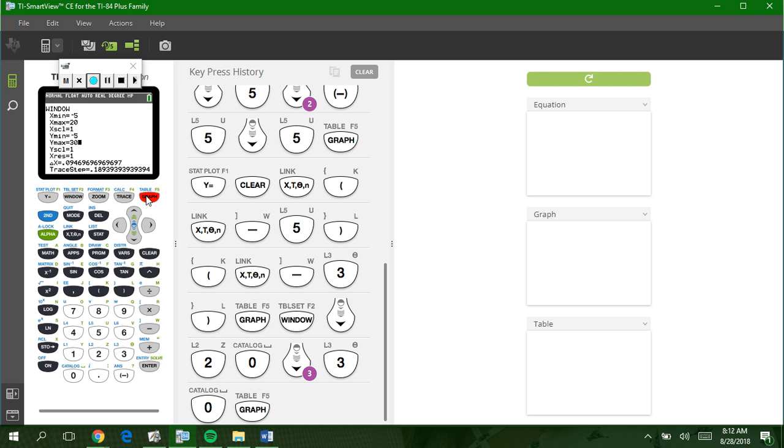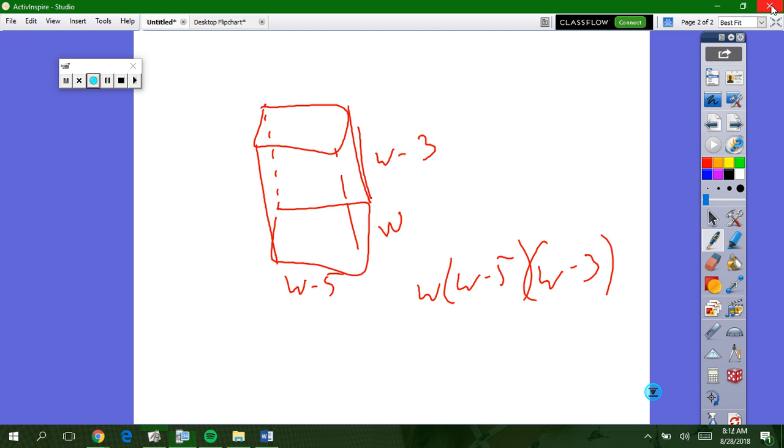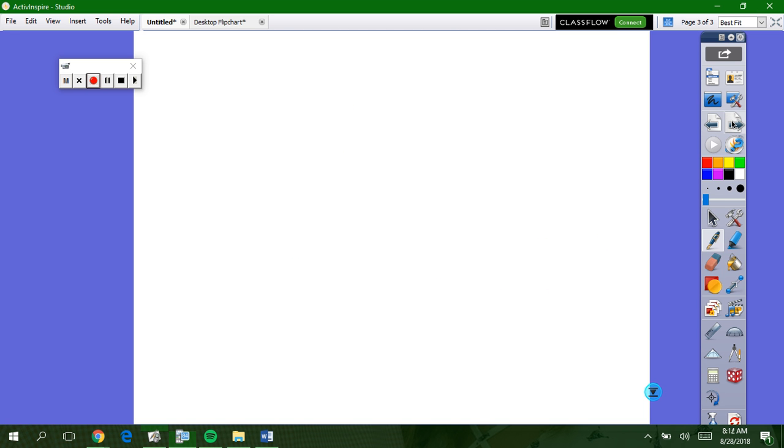Okay? Now, the other thing that we actually covered in class was differences. Okay, we did one example, I believe. Let me get rid of this. Okay, we did one example of differences.